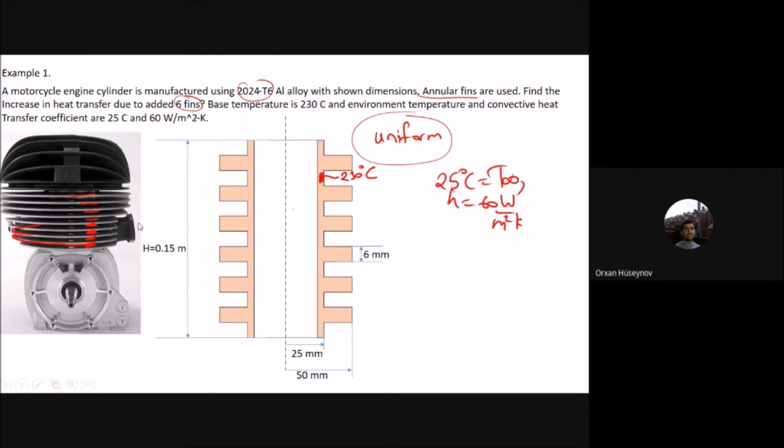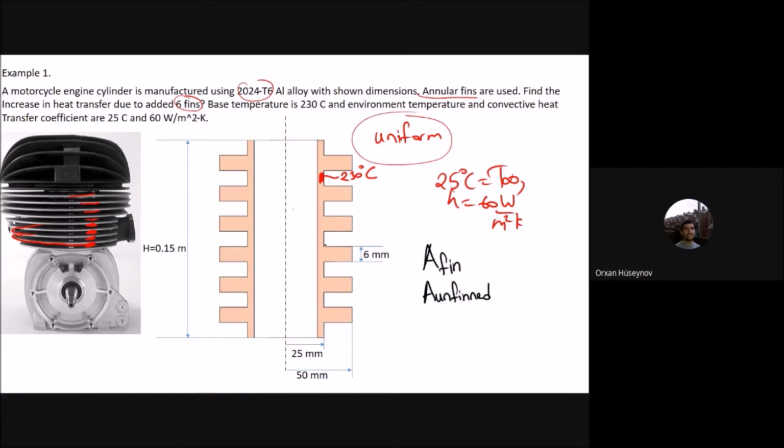Good, now let's start to calculate the increase of heat due to added fins. Firstly, this is about the effectiveness of the fins. We should identify 3 important areas for this one. We will have the area of the fin and the area of the unfinned parts.